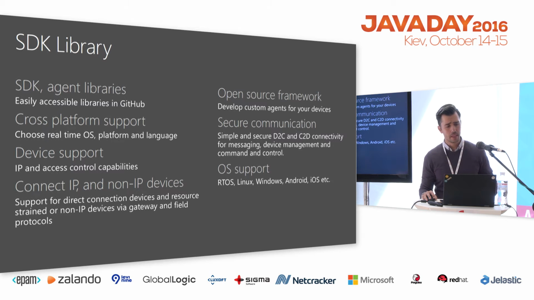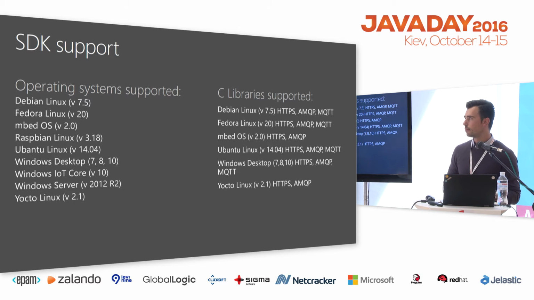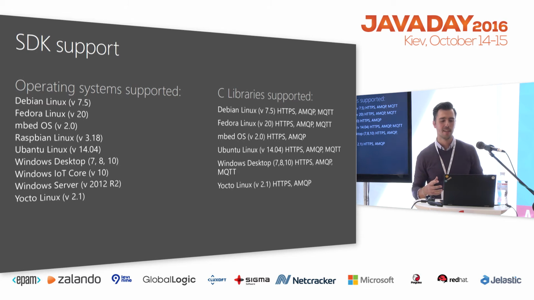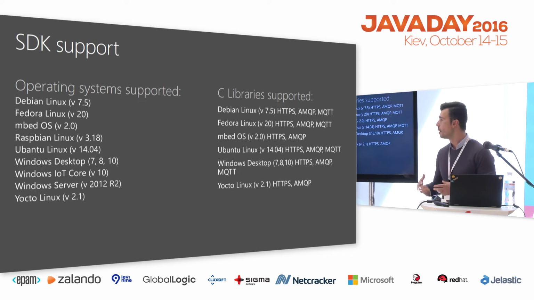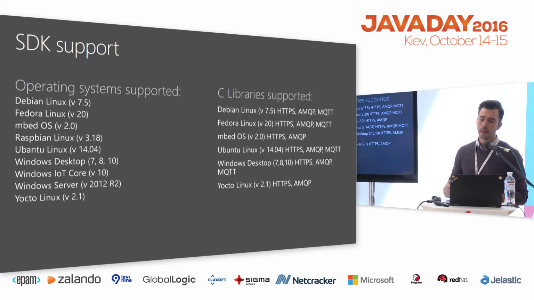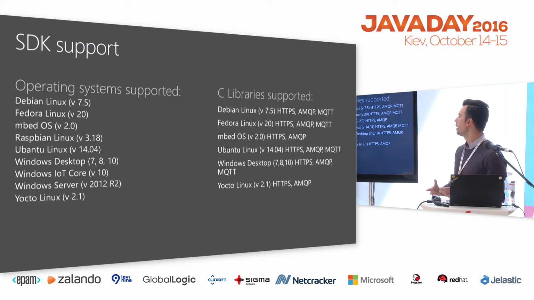Just to mention, IoT Hub and the IoT SDKs do support a pretty large number of operating systems. That's just a short list. You can go online and check for your specific device and platform what the available support is. There's also a pretty large support for different protocols, specifically HTTP, MQTT, and AMQP.